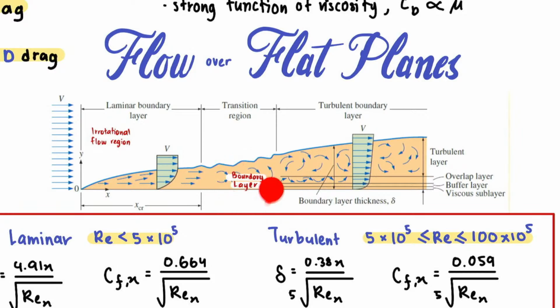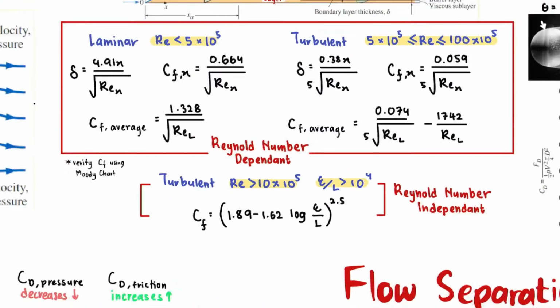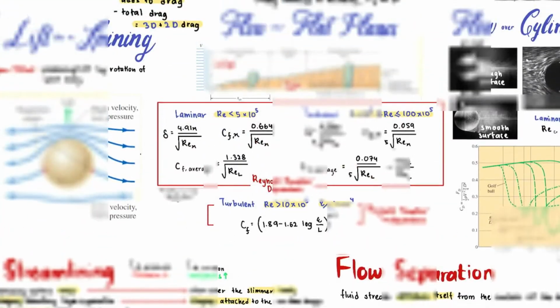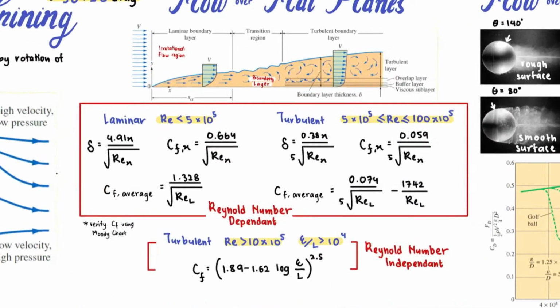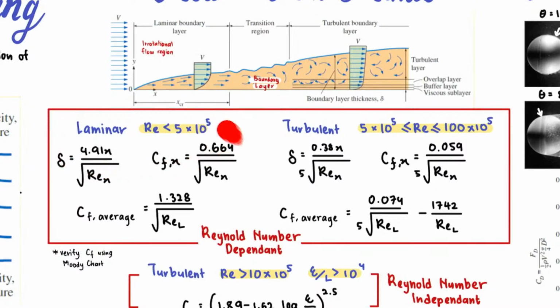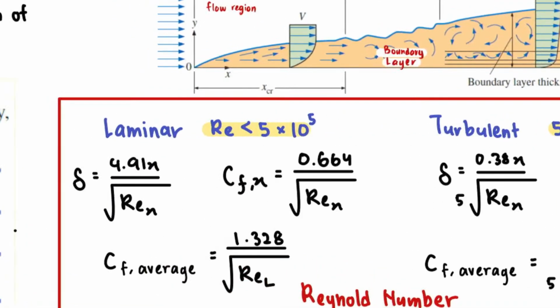This is the boundary layer. As you can see here, a Reynolds number under 5 times 10 to the power of 5 is considered to be laminar.